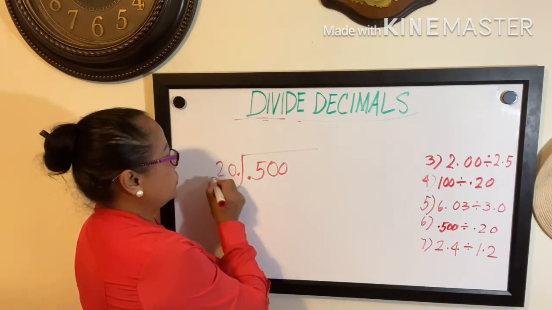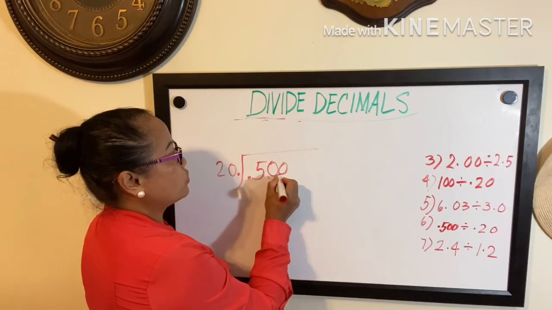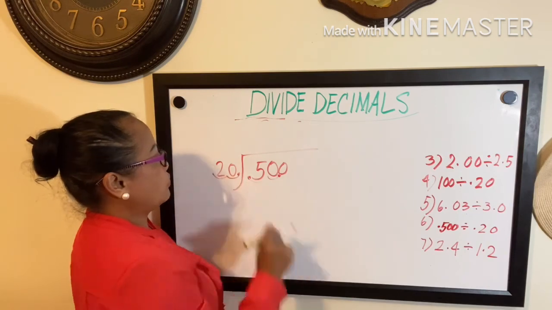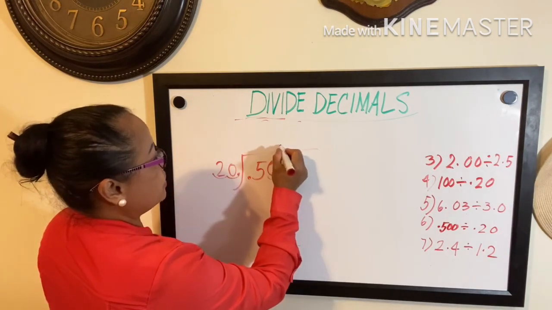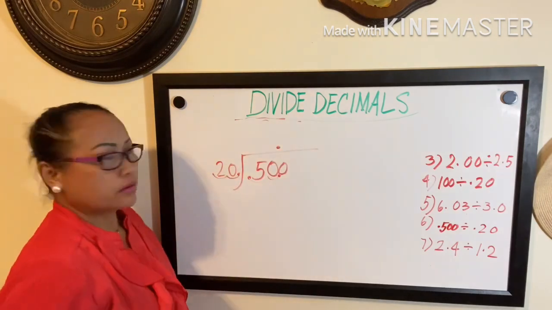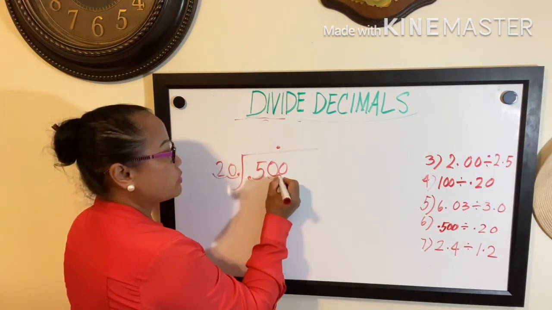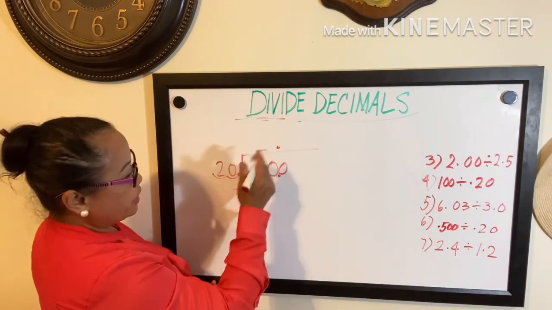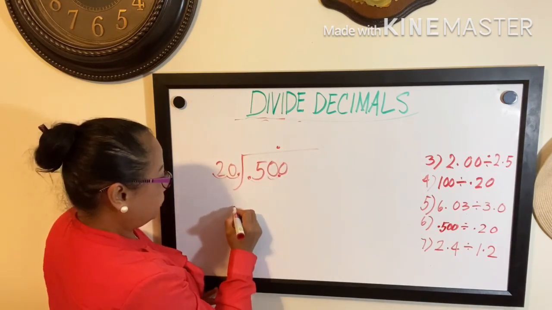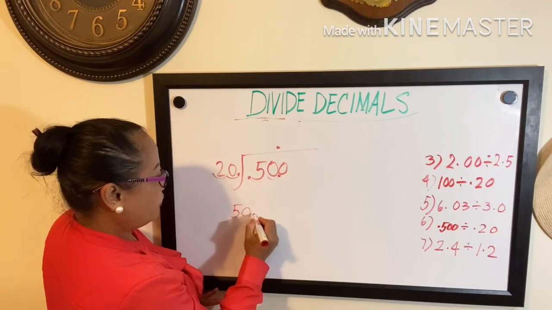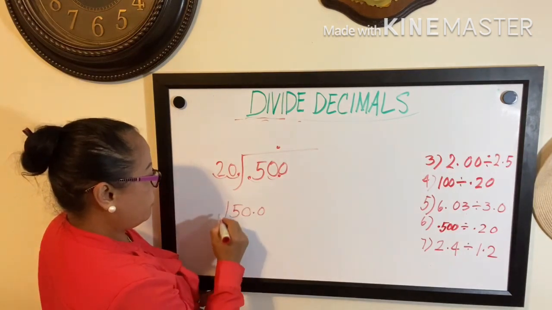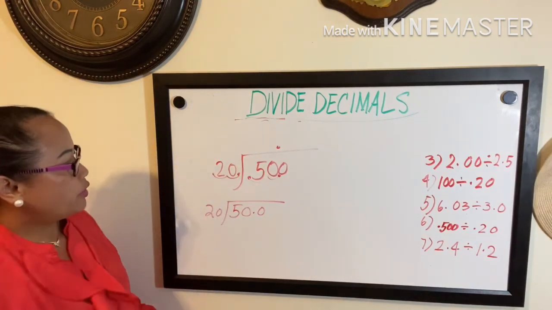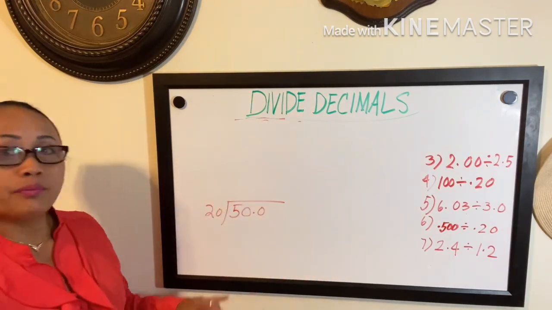This one we move 2 places also, 1, 2, so it's here. After moving the decimal, directly put the decimal on top. So if we rewrite that, this is like this now. So this is now our problem after moving.